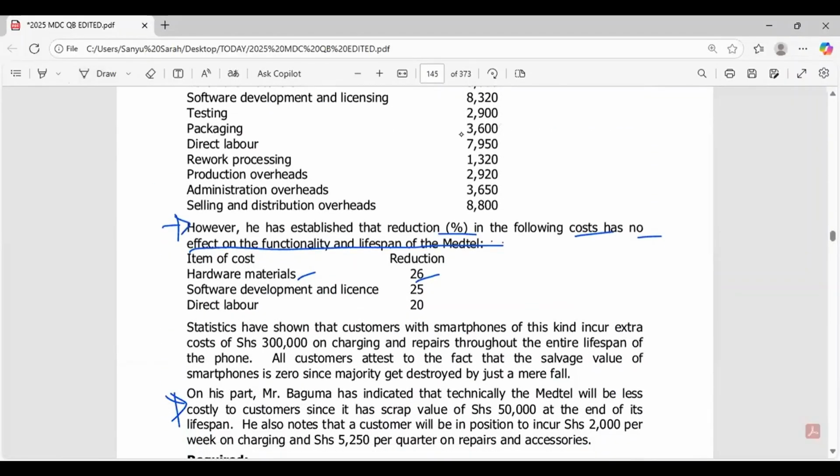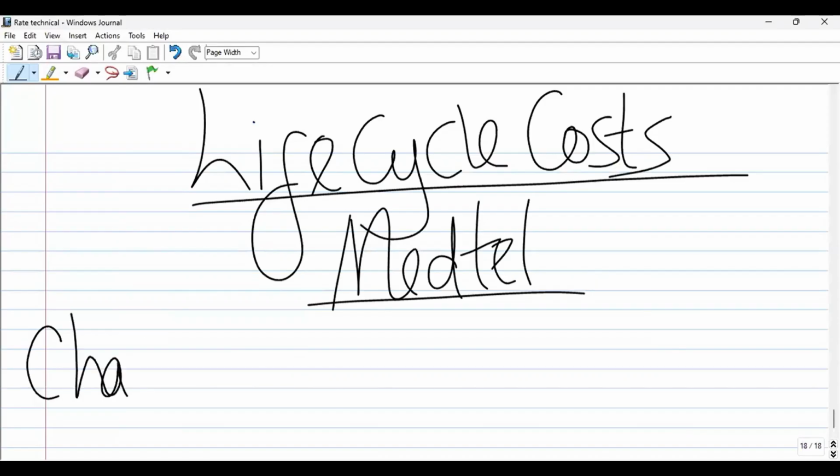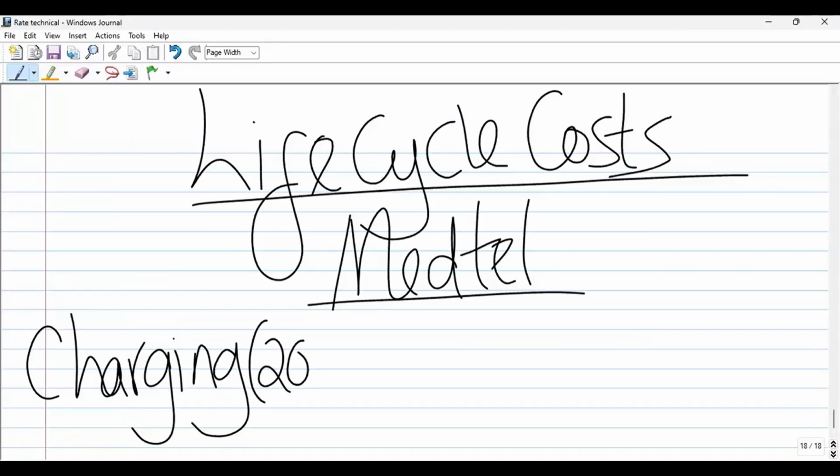So we need to know if the customer is to use Meditel within these 2 years, how much is he going to incur? They have told you that they are going to incur 2,000 shillings per week on charging. So we have a cost of charging. It's 2,000 times how many weeks?